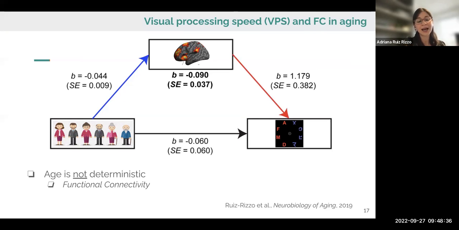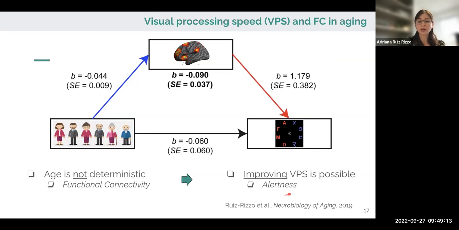These results imply that age is not deterministic, meaning that a particular age does not determine a particular level of visual processing speed, so there is room for improvement if we, for example, look at the level of functional connectivity. And the fact that age alone does not determine the level of visual processing speed means that we can use tools or specific training to improve visual processing speed.